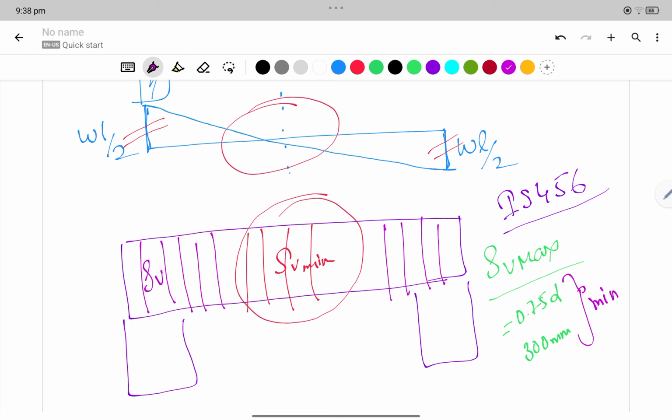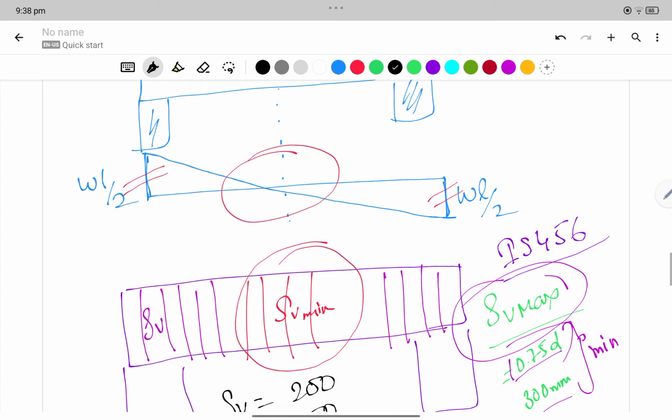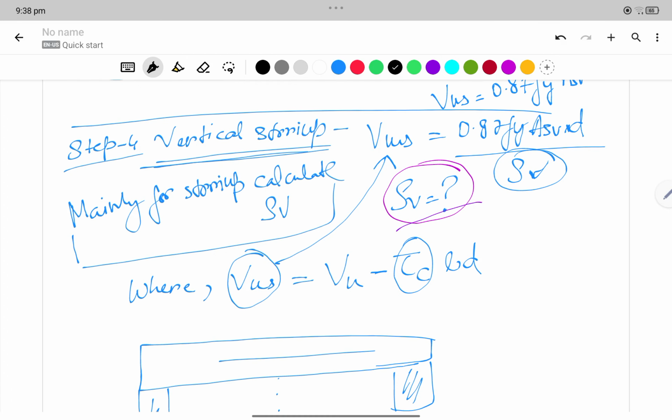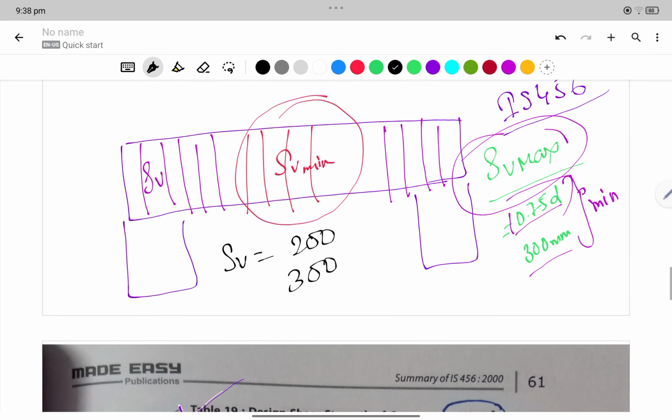We will take that SV into consideration. Say by this the SV comes to 200, and this SV is 300, but by the vertical stirrup formula we have got SV say 165. We will provide the minimum value, that is, we will not provide 165, we can provide 170 center to center. So this is the stirrup calculation, stirrup design.